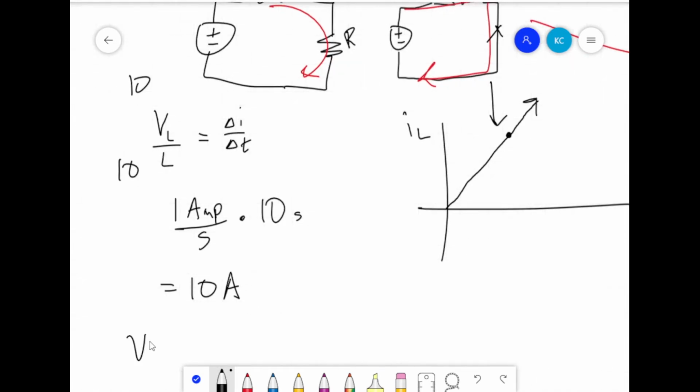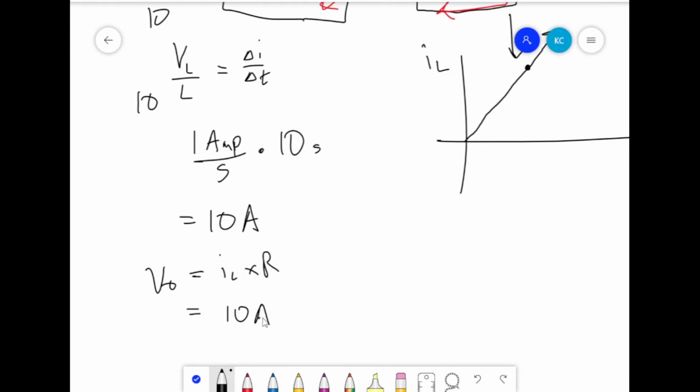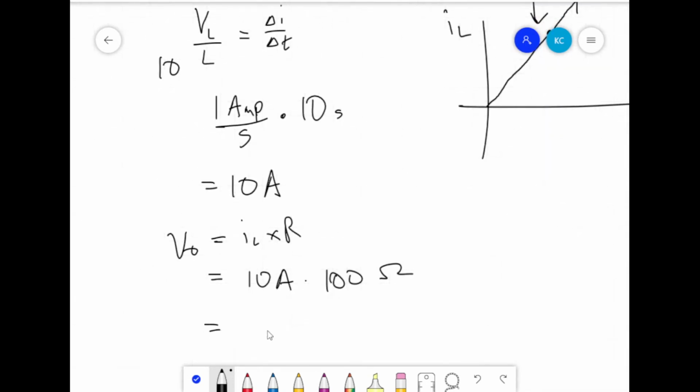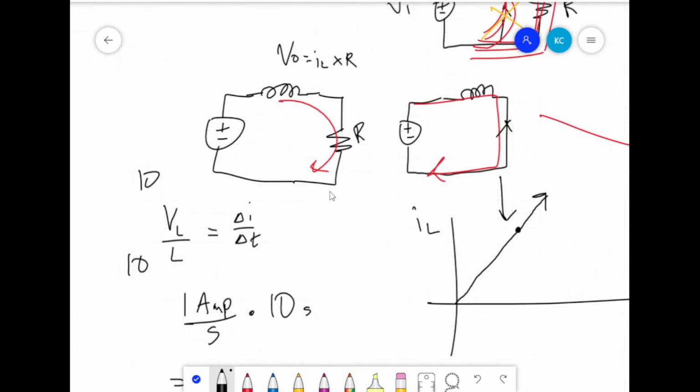Then we plug that into our output formula. Let's just say the resistance is 100, so that's 10 amps times 100 ohms. That's 1,000 volts. So we've just successfully built a boost converter that takes in 10 volts and for a short moment has 1,000 volts on this side.